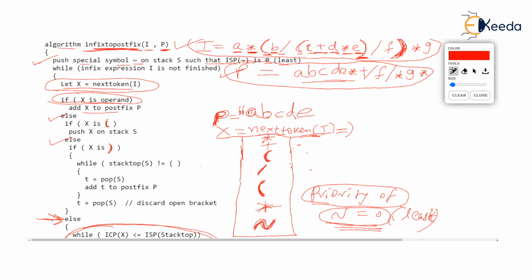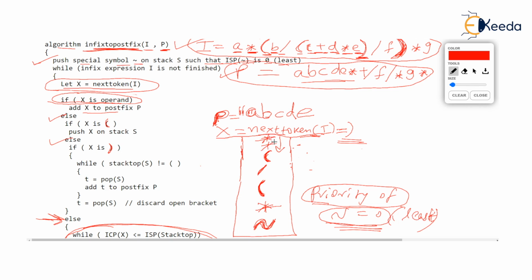Now, this is the fourth case that we are getting. We are getting close bracket. First time we have got close bracket. Now, when we get a close bracket, what you do is you simply pop whatever operators are there in the stack till the open bracket. Check this cursor place. You pop the star, you pop plus, and you pop open bracket also. But star and plus which you pop are simply added to postfix.